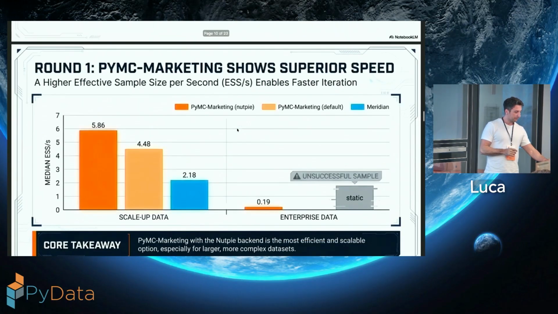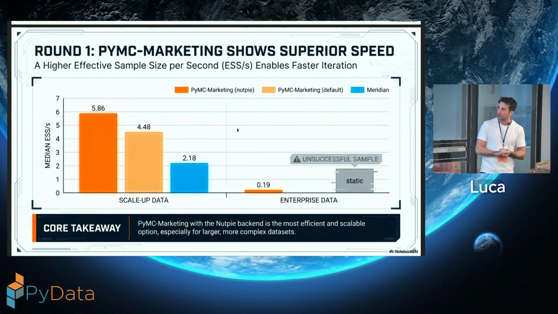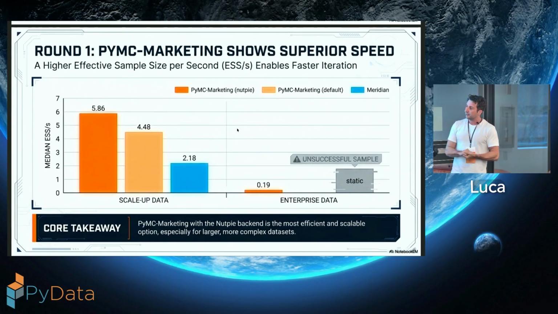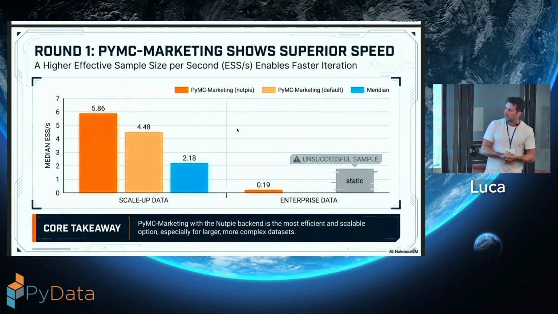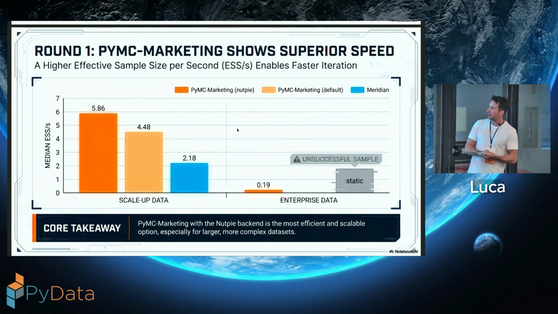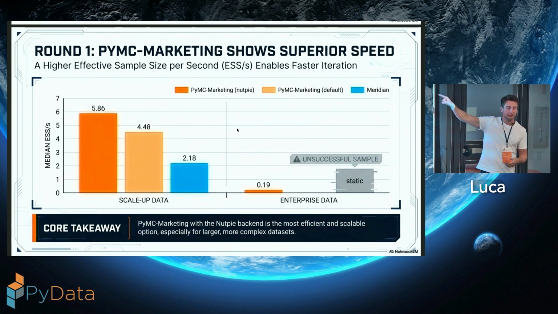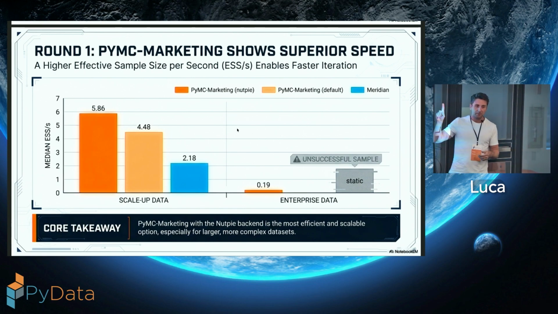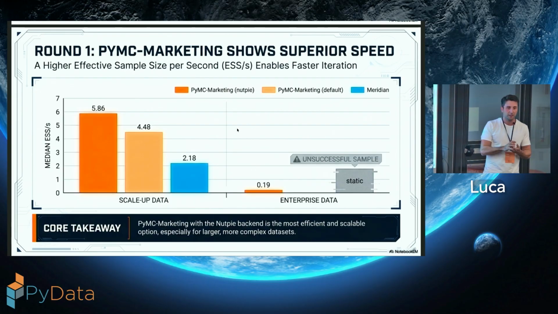So let's look at speed. The way we're going to measure speed is in terms of what is called the effective sample size per second. This is the right way of measuring the speed of a Bayesian framework.